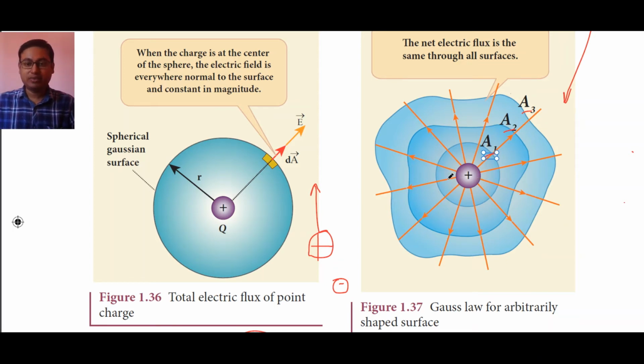Even in that situation, the total flux according to Gauss law is equal to q by epsilon naught, where q is the magnitude of the charge and epsilon naught is the permittivity of the given region or of the given surface. So for region A1, A2 or A3, the Gauss law will be the same, valid for all these three surfaces.